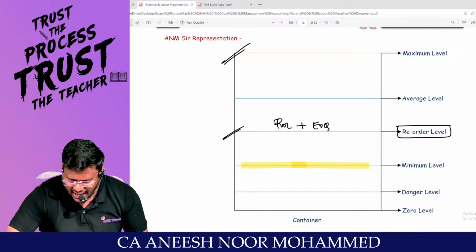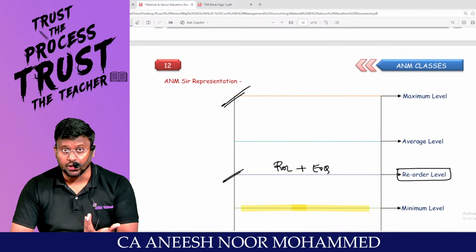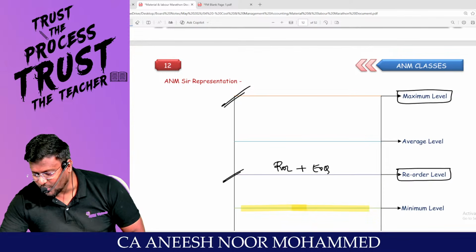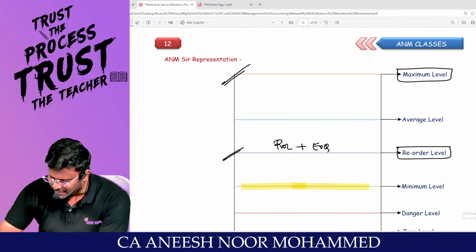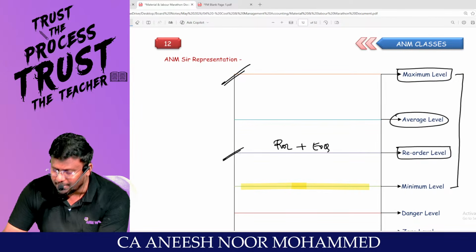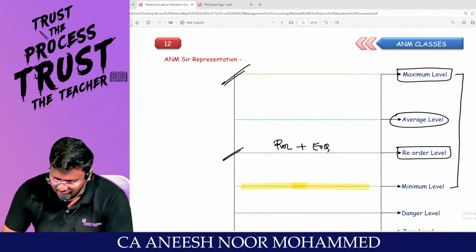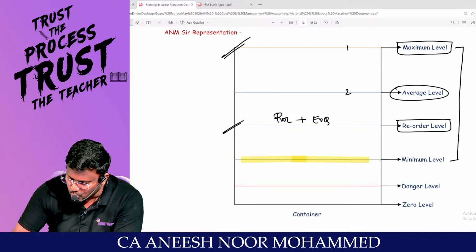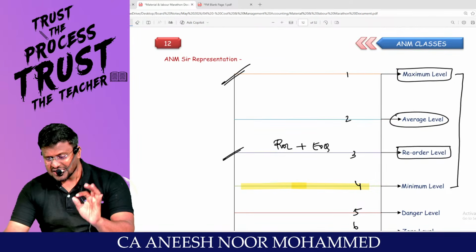Then this is the maximum we can fill in the dabba. So that is the maximum level. Between maximum level and minimum level, you are having average level. So 1, 2, 3, 4, 5, 6: there are 6 stock levels.